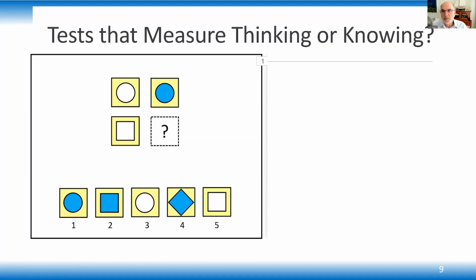I'm going to explain this a little bit more. The typical matrices item, like on the NNAT or like on the new test that Kim will talk about in a few minutes. What do you do when you look at this question? Well, you have to examine this relationship and this one to figure out which one of these goes on the question mark.